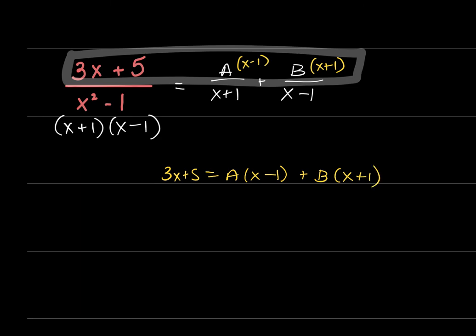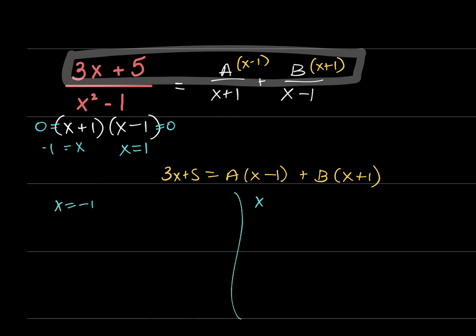Now I want to cross these out one at a time. So I can either look and say, what would I have to plug in to get rid of A? What would I have to plug in to get rid of B? Or I can come back up to my factored denominator, set them each equal to 0, and get the same numbers. So x equals 1 and negative 1. Then, one at a time, I'm plugging that in.